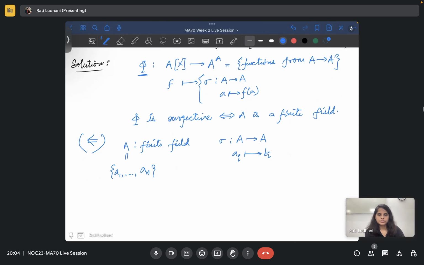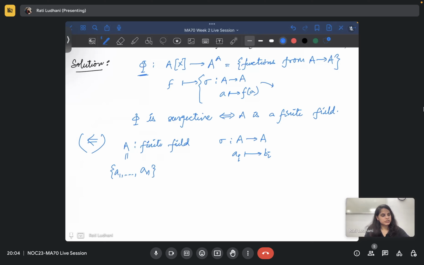These are evaluation maps, right? Yes, these are evaluation maps. So we are saying these are ring homomorphisms, from A to A. But you don't know that for a function. From A[x], any polynomial f we take and evaluate at any point.